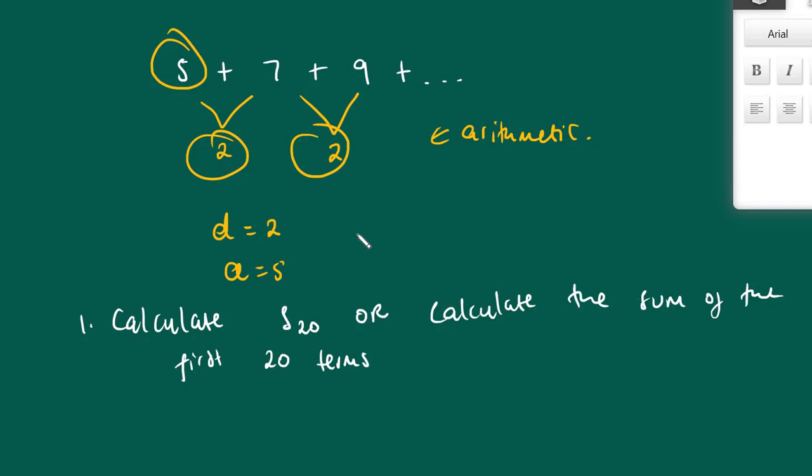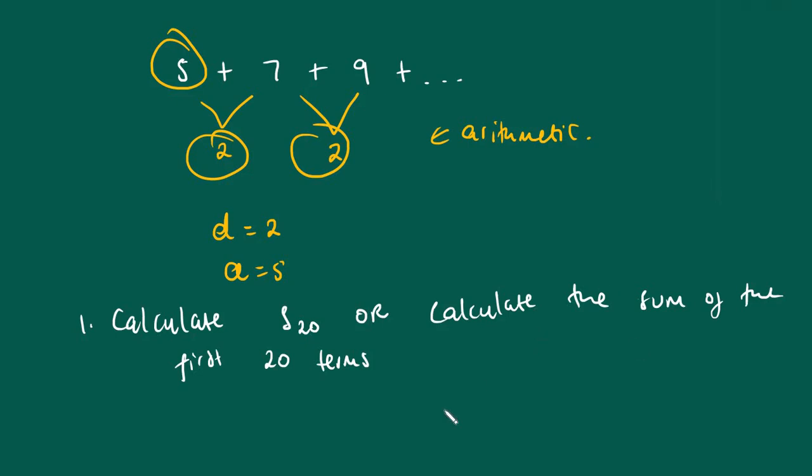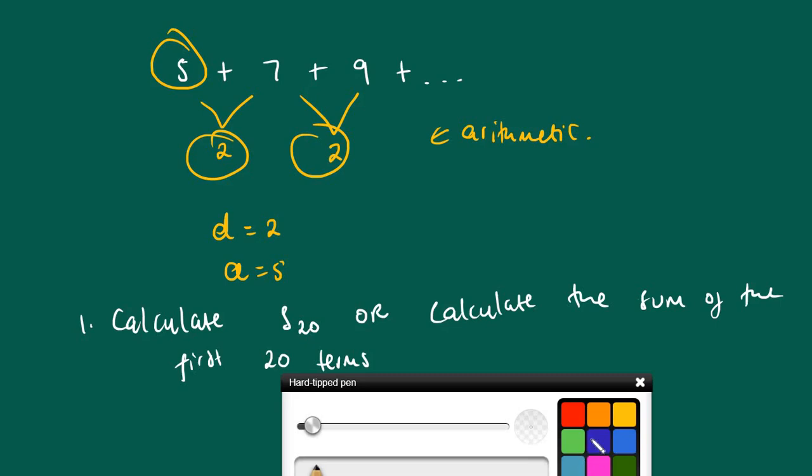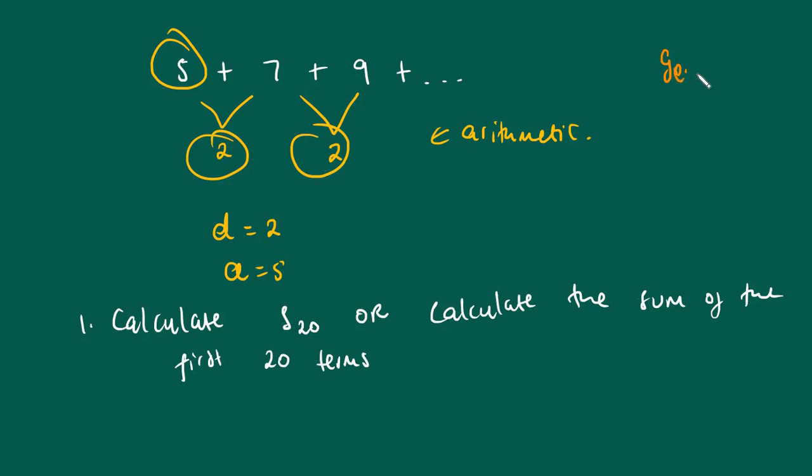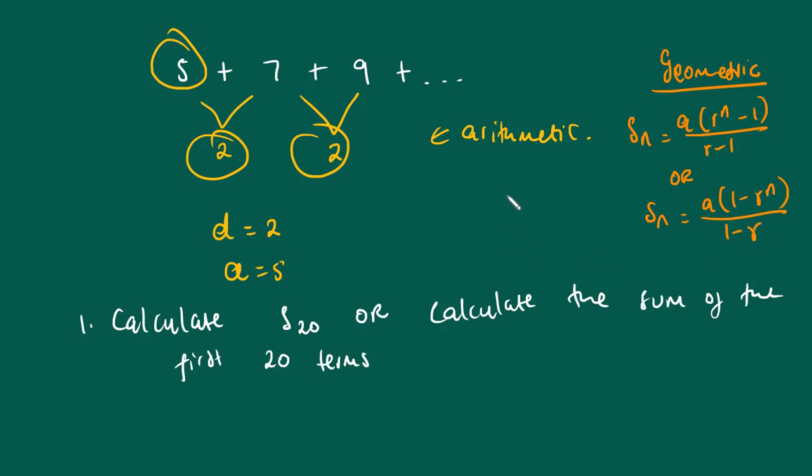again, now you know what type of series it is. Because you know the type of series, that will allow you to use the correct formula. Because remember, if you are dealing with a geometric, the sum formula when you have to add the terms is Sn equals a into r^n minus 1 all over r minus 1, or it is Sn equals a into 1 minus r^n divided by 1 minus r.